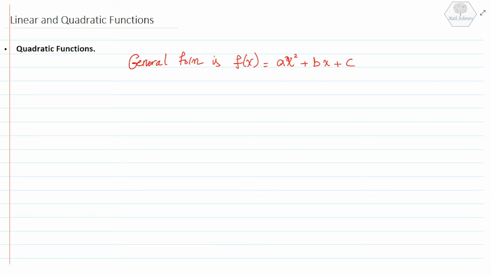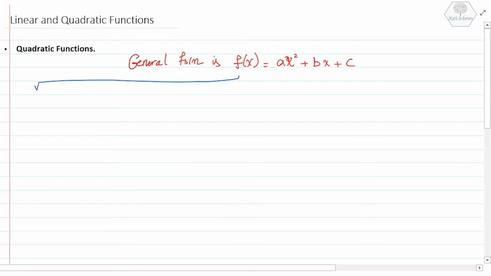What we have to know about quadratic functions, first, we need to know the shape of the curve. The second thing that we have to know is the y-intercept.